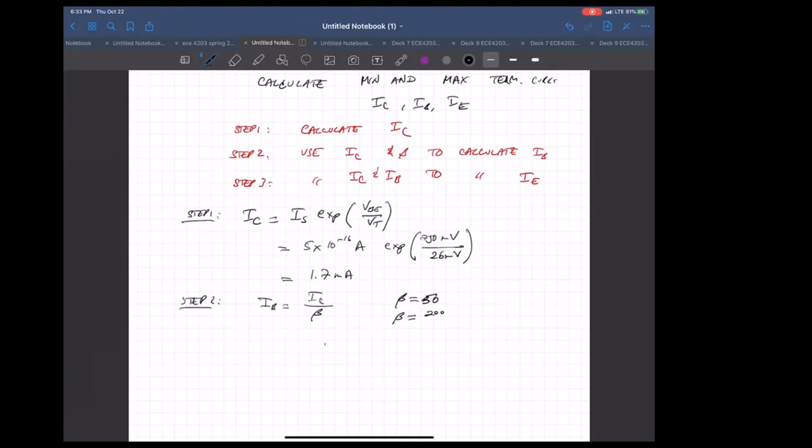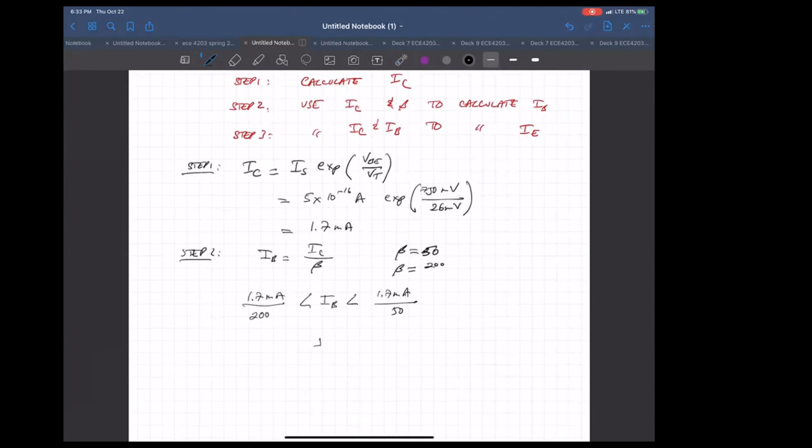So I sub b is between 1.7 milliamp, which is the collector current, divided by 200, the high beta value, and the collector current divided by 50, the low beta value.